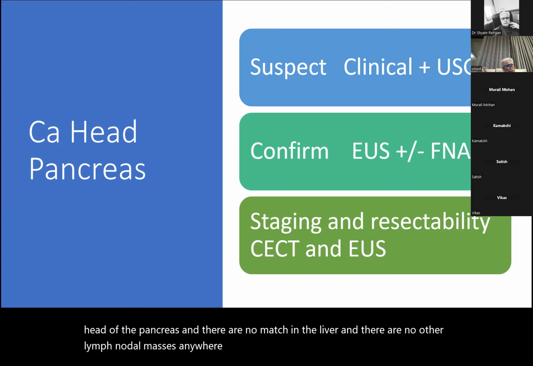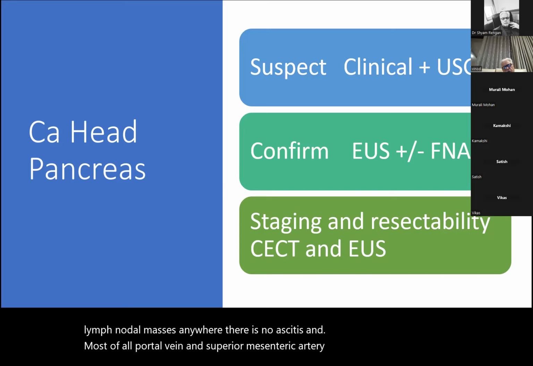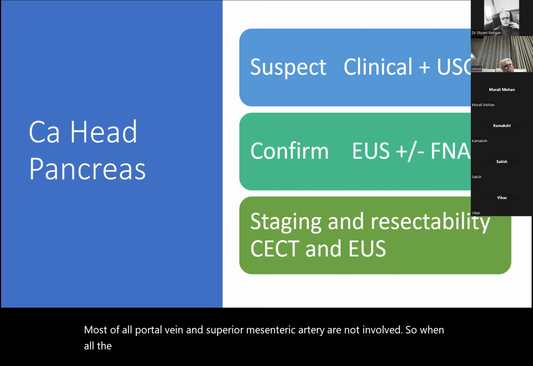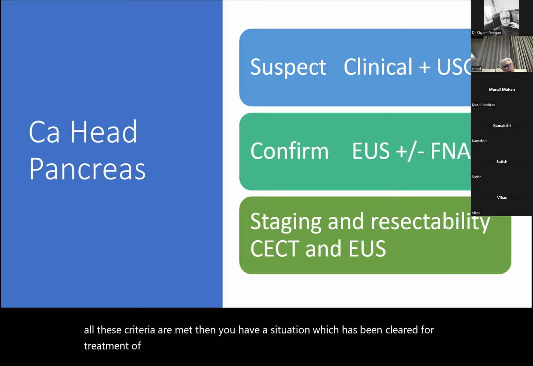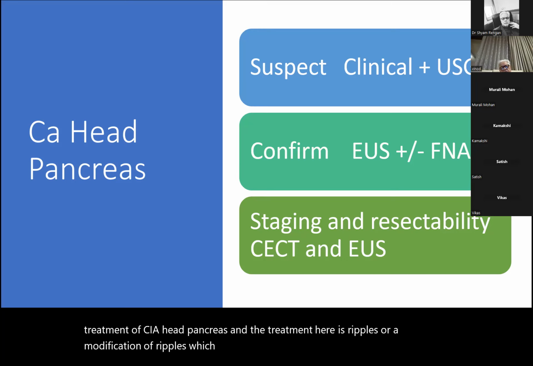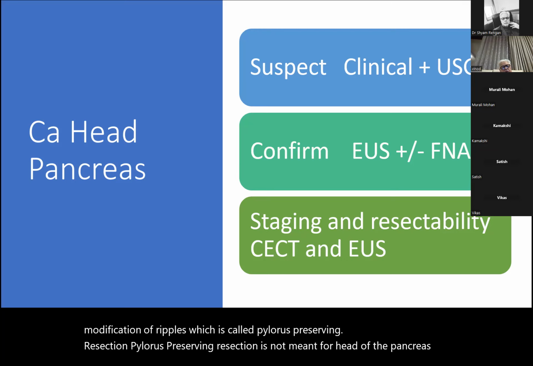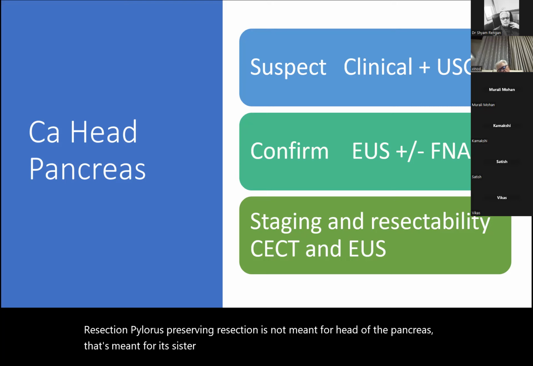There is no ascites, and most of all, portal vein and superior mesenteric artery are not involved. So when all these criteria are met, then you have a situation which has been cleared for treatment of CA head pancreas, and the treatment here is Whipple's or a modification of Whipple's, which is called pylorus preserving resection. Pylorus preserving resection is not meant for head of the pancreas. That's meant for its sister lesion, which we are now coming to.